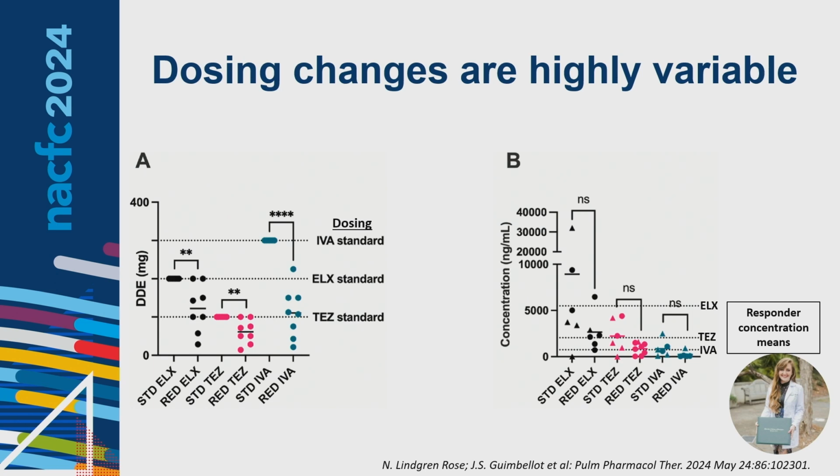And what we showed here are the patients in standard and reduced dosing and what their concentrations were. And the first thing that should stand out to you is that it's a small sample size because this was a pilot study, and the responses are highly variable. But what we noted particularly was that when compared to the concentration means for people who responded well to these therapies, the people on reduced dosing were getting far less.